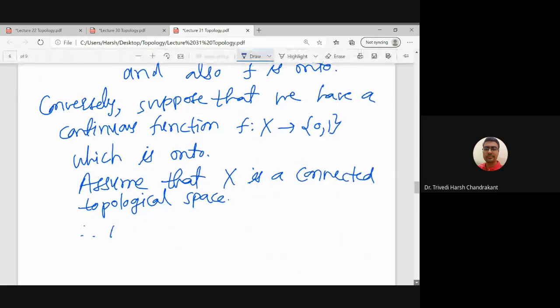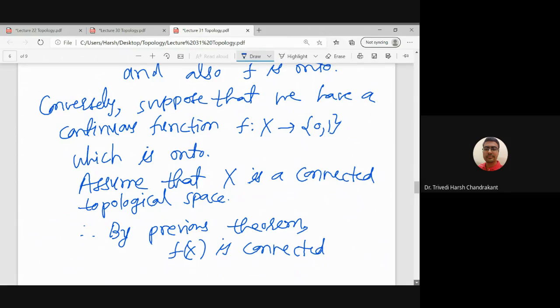So therefore by the previous theorem, f(X) is connected, right?